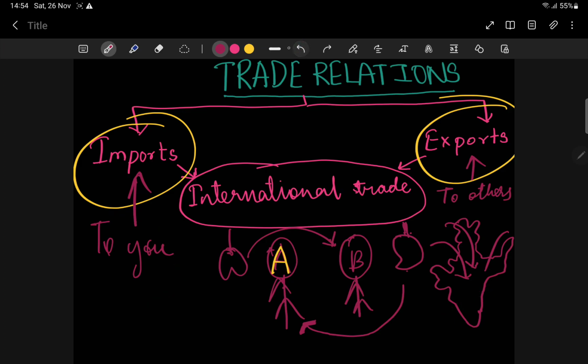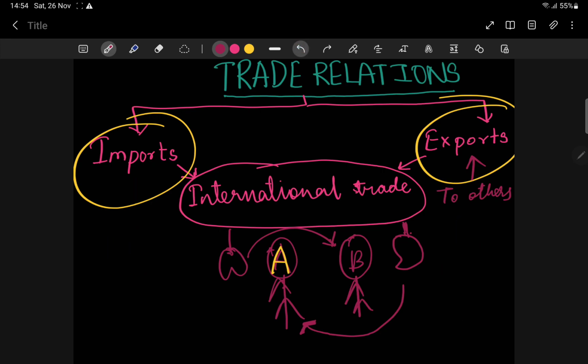On the other hand, whatever products we are sending out of our country, outside of India, they are called exports. Understood the topic? This is a basic concept that you need to understand. I guess now you are clear with what is meant by exports and imports, right?